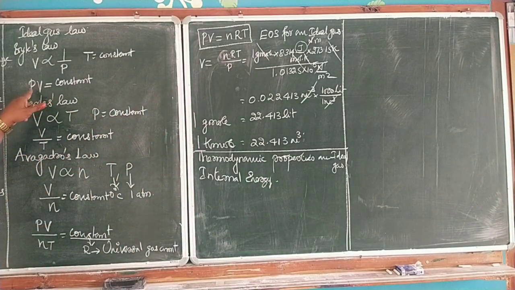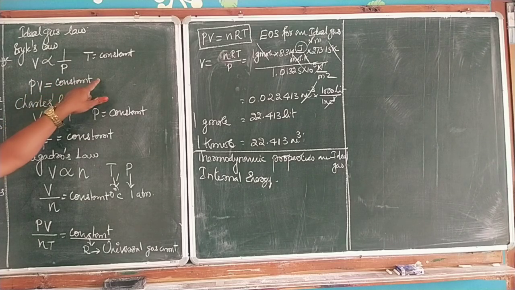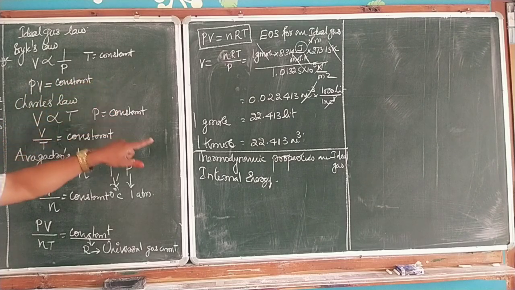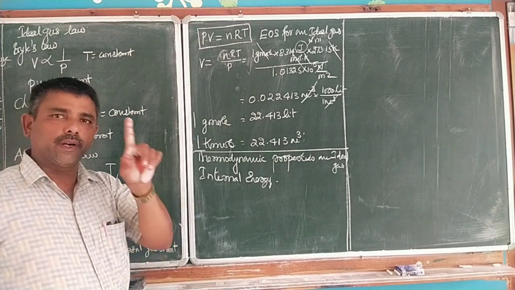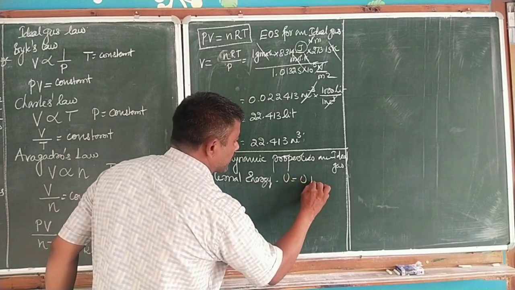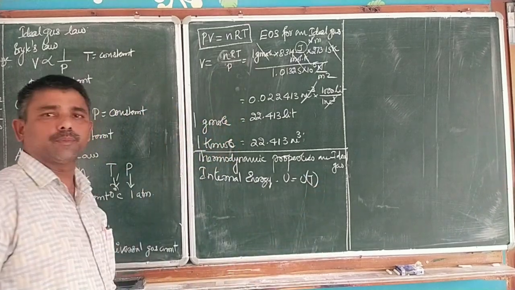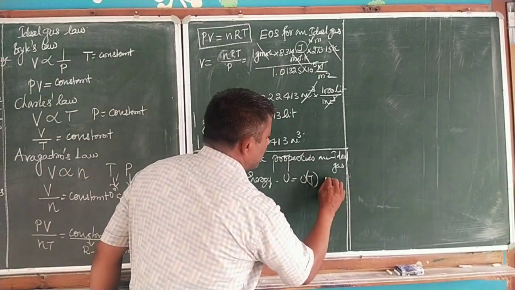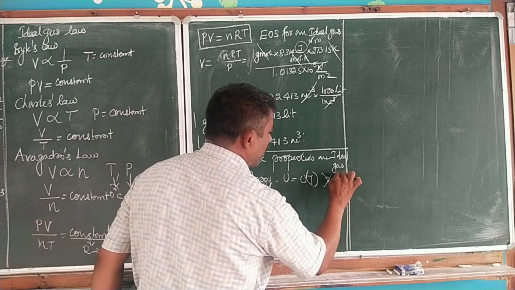See, already I said that the product of pressure and volume is constant, subject to the condition that temperature is held constant. Internal energy depends only on temperature. It does not depend on pressure and volume.